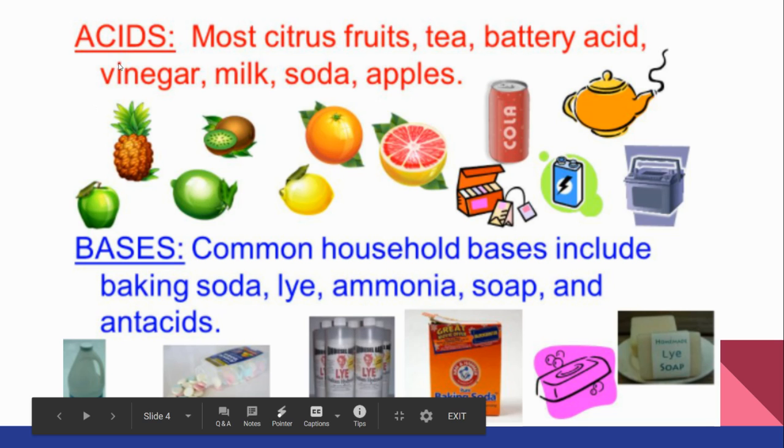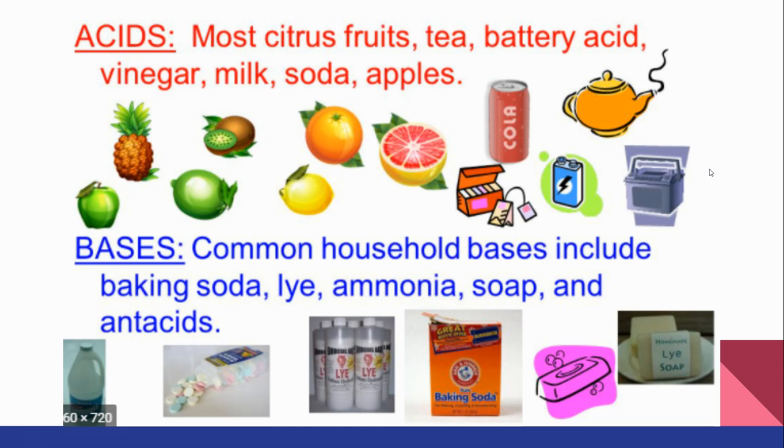Now, these are some common acids and bases, just to give you an idea here. Most citrus fruits are acidic because they contain citric acid, right? Tea, soda, battery acid. I'm sure you've heard of battery acid before. Those are all things that are also slightly acidic.